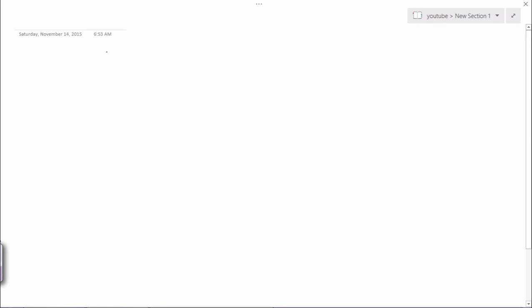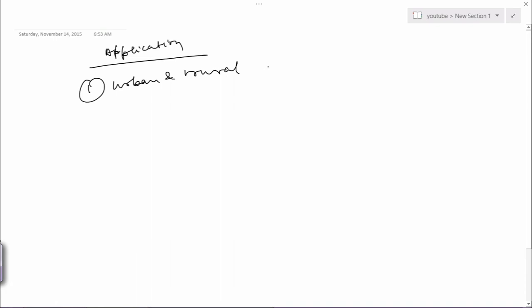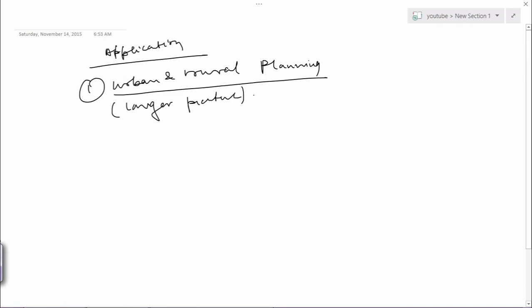And at the same time, one last application is that it can be used for urban and rural planning. And the fact that we have a bird's eye view of the whole thing, or we have a larger picture with us, so infrastructure projects can be better planned.